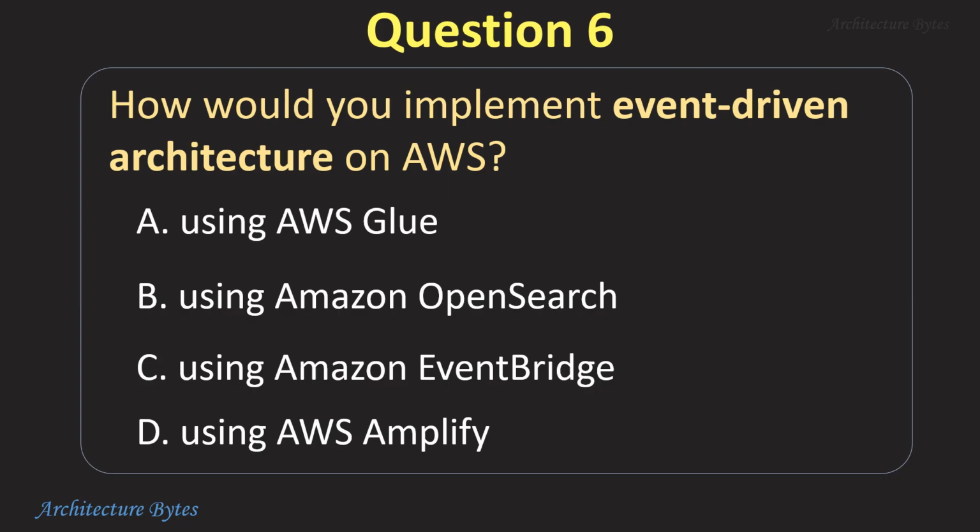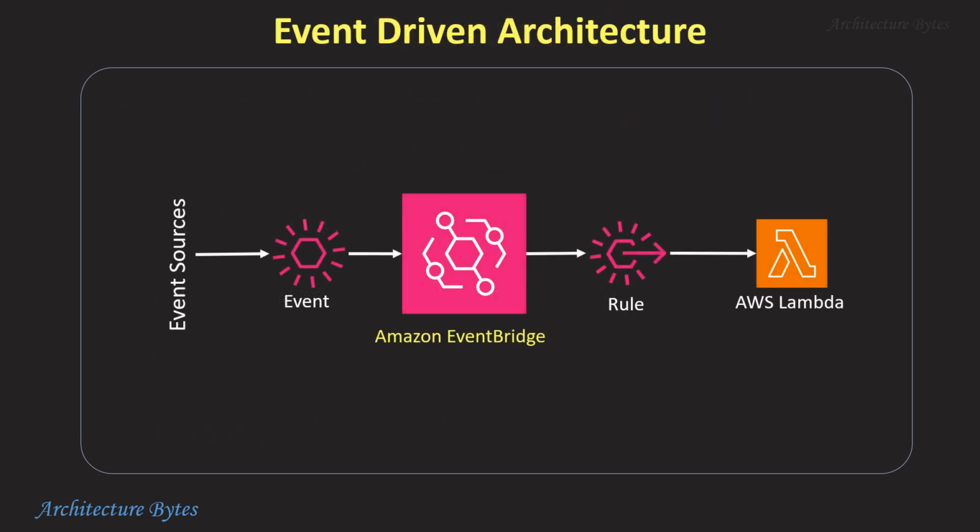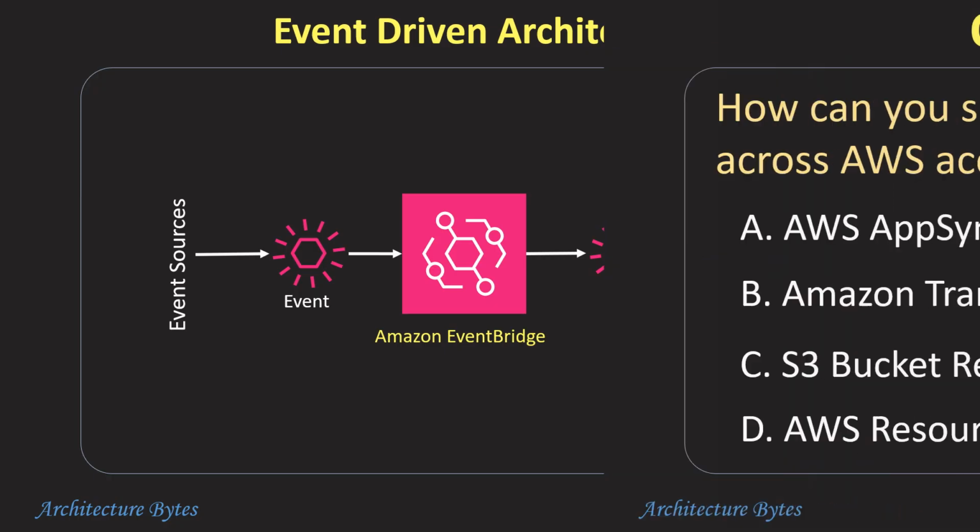How would you implement event-driven architecture on AWS? Amazon EventBridge is a serverless event bus that simplifies building event-driven architectures by providing a central hub for routing events from various sources to targets like Lambda functions.